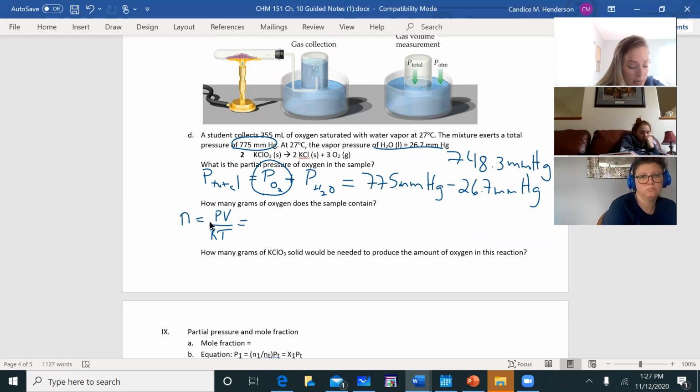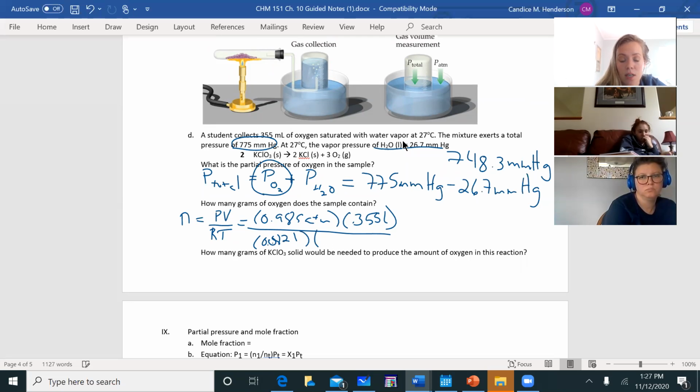Again, though, anytime we get near PV=nRT, you want that in atm. So converting that will be 0.985 atm. My volume is 355 milliliters. We like that to be in liters, so 0.355 liters. R is our constant, 0.0821 with our funky units.